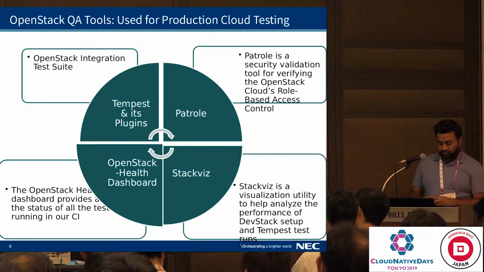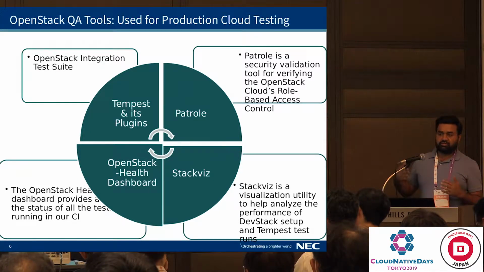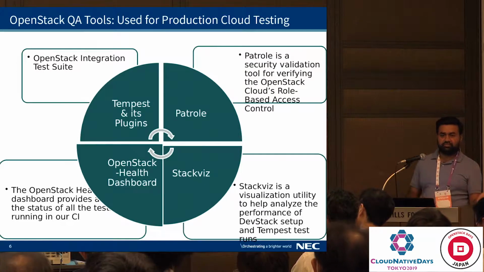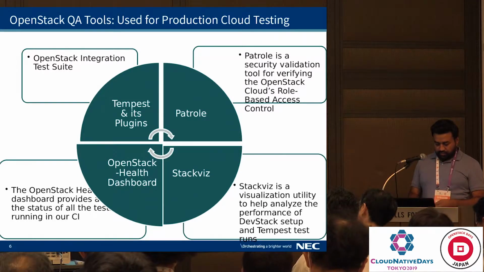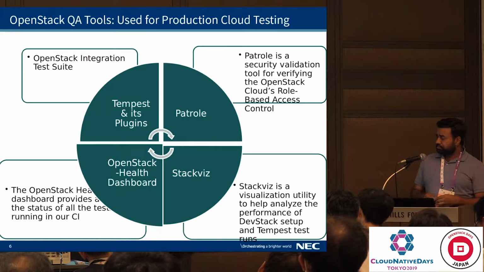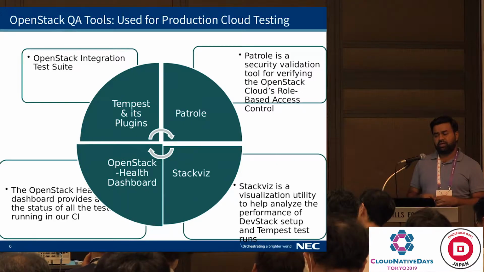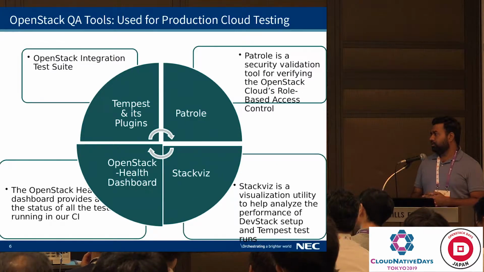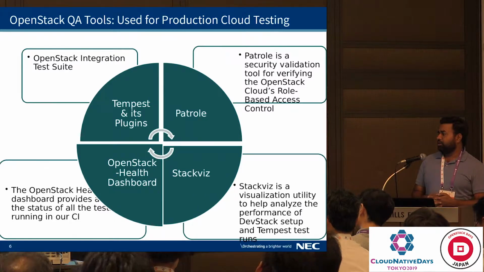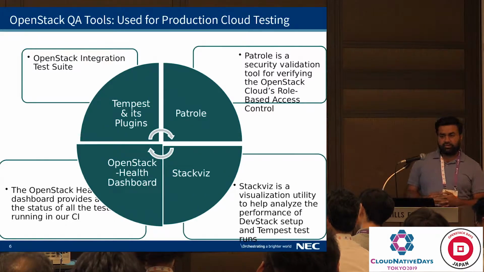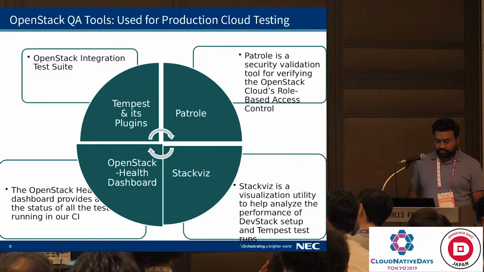With it you can judge the performance of a Tempest run, like these many test cases ran in XYZ minutes, all these things. OpenStack Health has two parts. One is the APIs that collect the data from the test runs, and second is the graphical node that utilizes the data.